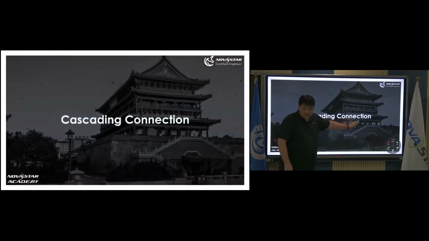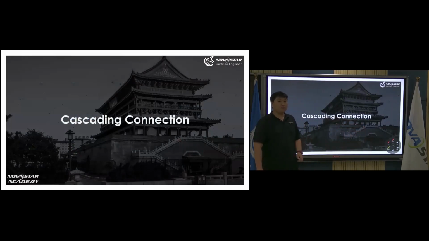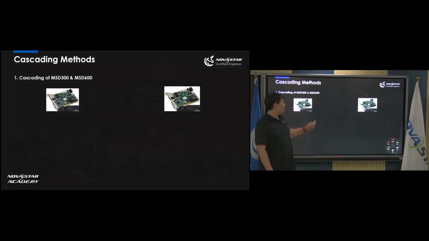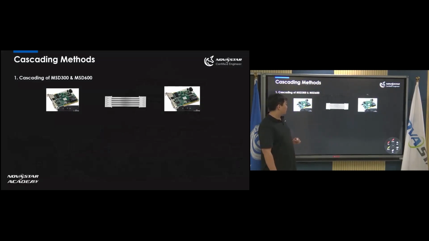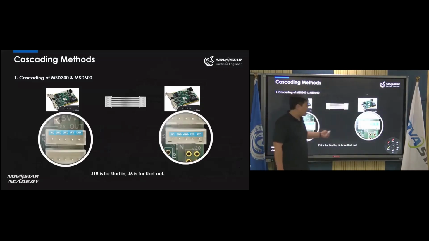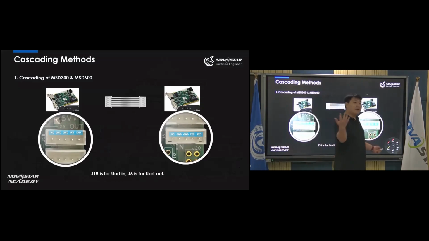The cascading connection. We will check different types of cascading connectors. Here are the MSC 300 and the MSC 600. It uses the very old 5-pin connector.